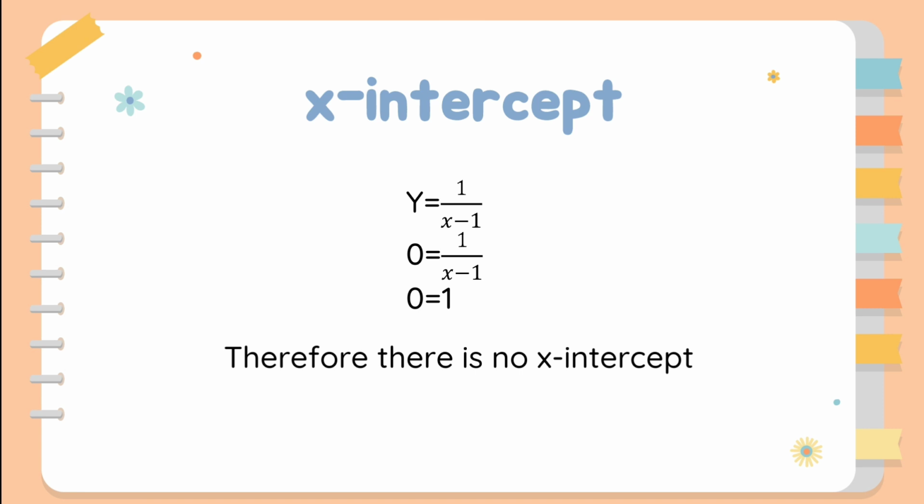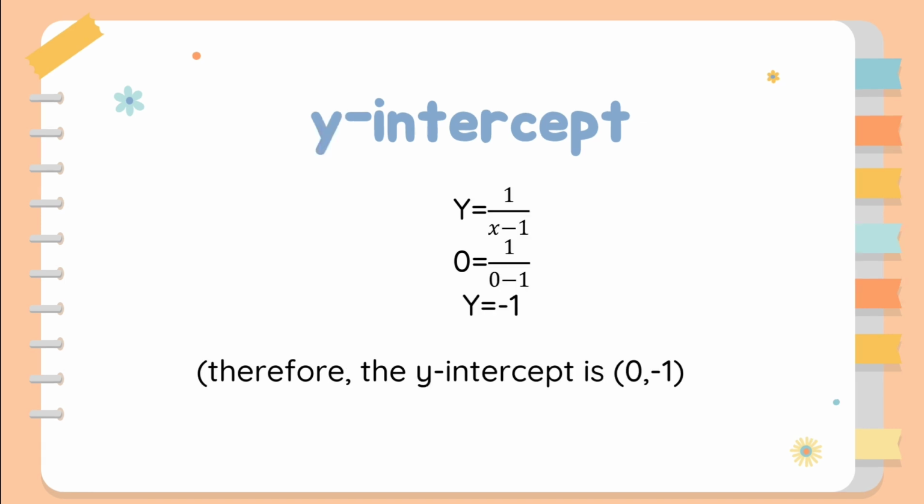Therefore, there is no x-intercept. Y-intercept: y equals 1 over 0 minus 1 equals 1 over negative 1. Y equals negative 1. So, 0, negative 1.